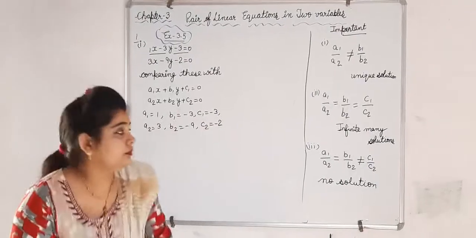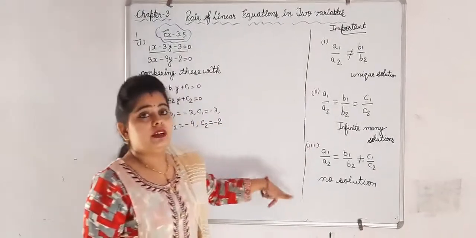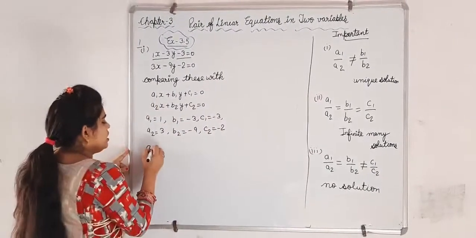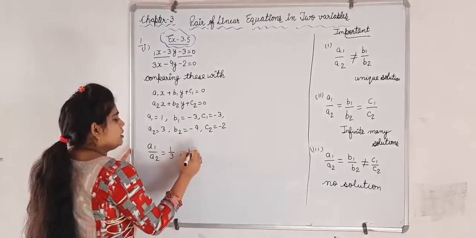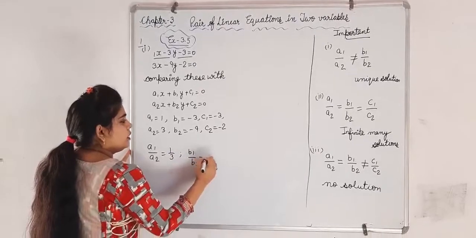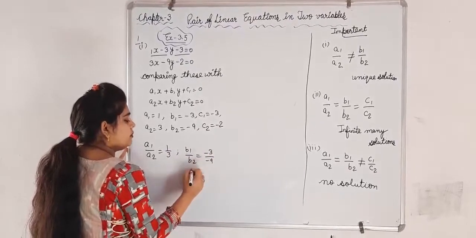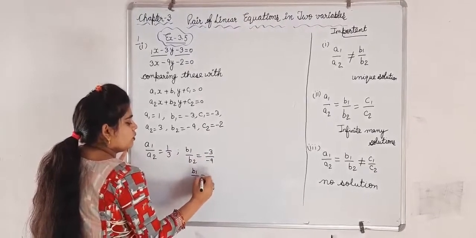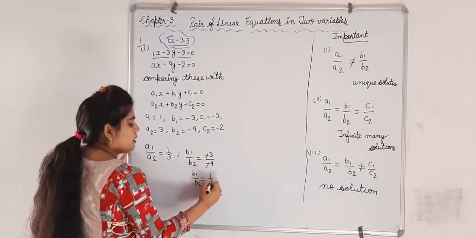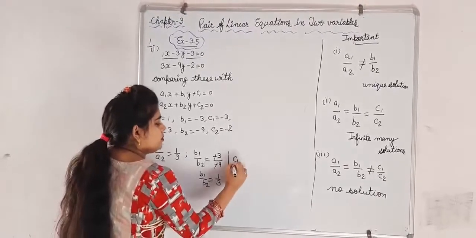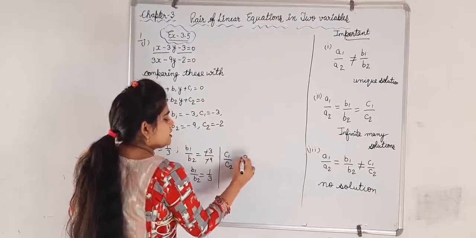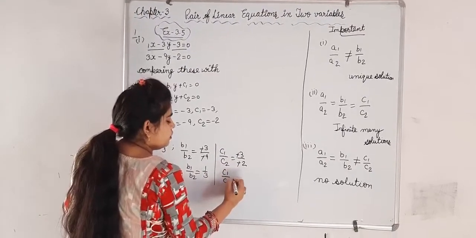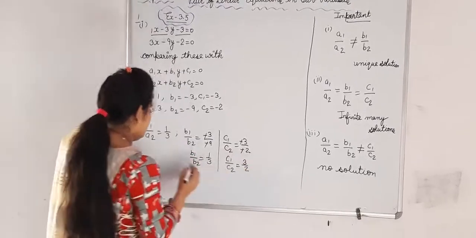Now, using this concept, compare these ratios. a1 by a2 is equal to 1 by 3, b1 by b2 is minus 3 by minus 9, which after canceling is 1 by 3, c1 by c2 is minus 3 by minus 2, which after canceling is 3 by 2.